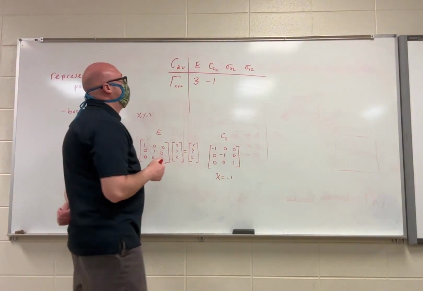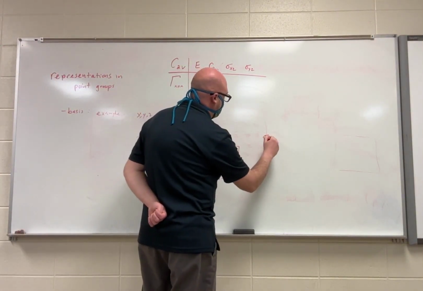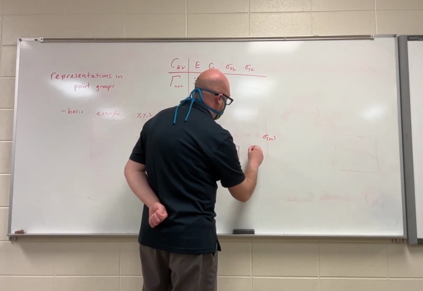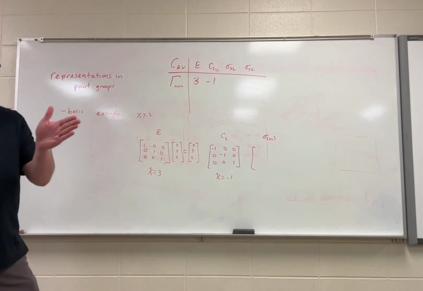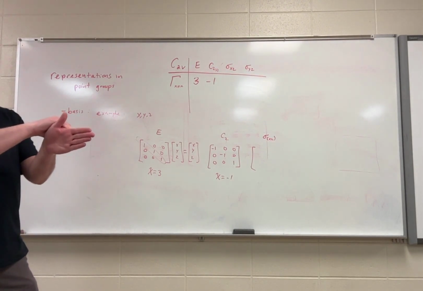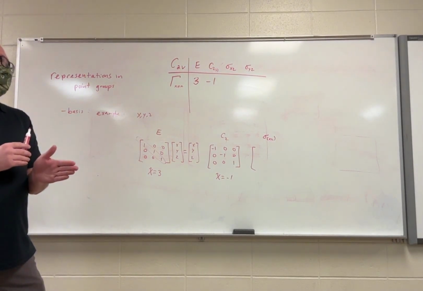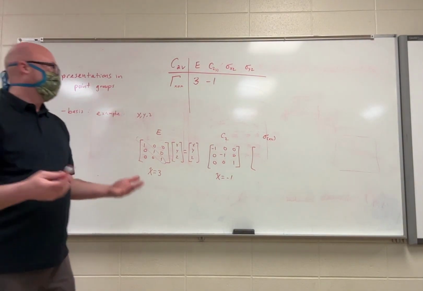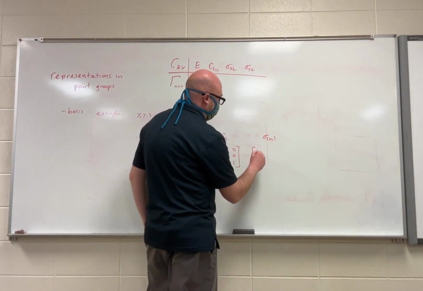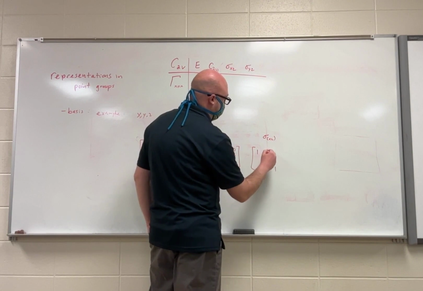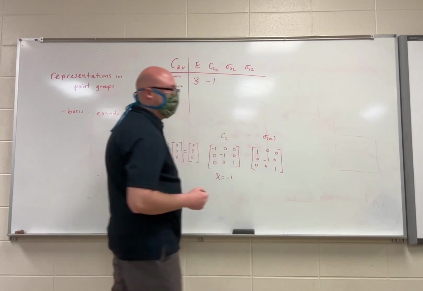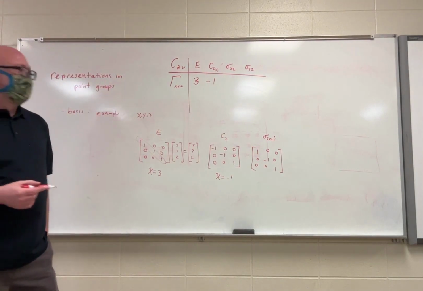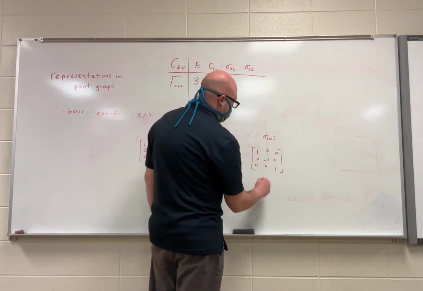And then for sigma xz, I can work similarly. We know that y will be carried to its negative after reflection about the xz plane, but x and z being in the plane are left unchanged. So we have something that looks like this for the transformation matrix. Okay? So in this case, chi equals 1.